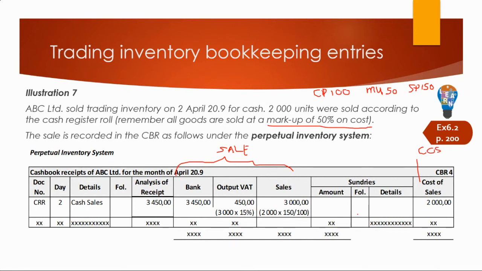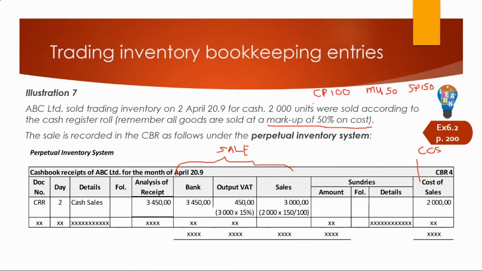Okay. So what you would see is because we sold 2,000 units, we take 2,000, multiply with 150 over 100 to get it to the sales price, because they've given you the number of units, was 1 rand a unit, remember?